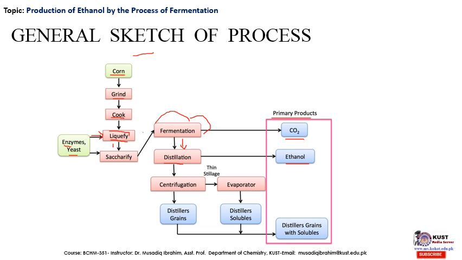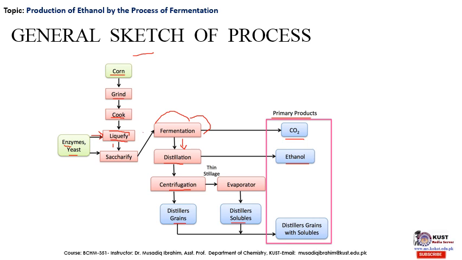Now after distillation, the remaining material is subjected to centrifugation, and as a result you get two types of layers. One is the distiller's grains, which is the lower layer, and the other is the distiller's solubles, which is the upper layer.